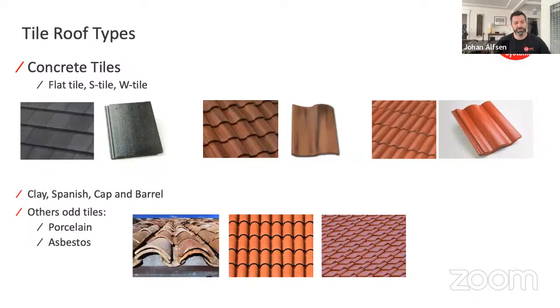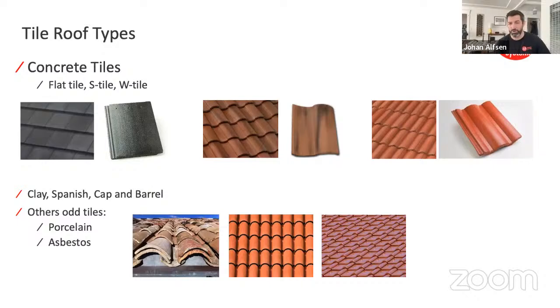are the most popular tile roofs out there. This kind of covers the whole gamut here as far as different tile systems. And I would say concrete tiles are the more popular tile roof system out there, but you get all kinds of different tile style roofing out there, more traditional ones like you see below there, the clay, Spanish or cap and barrel tiles.